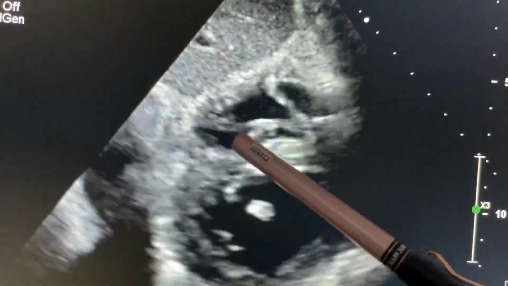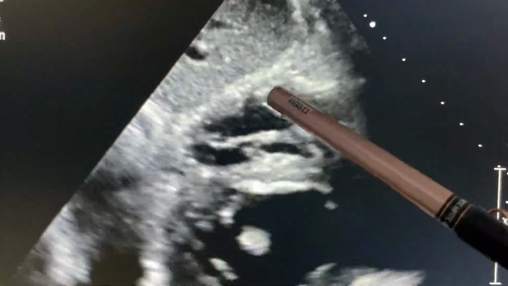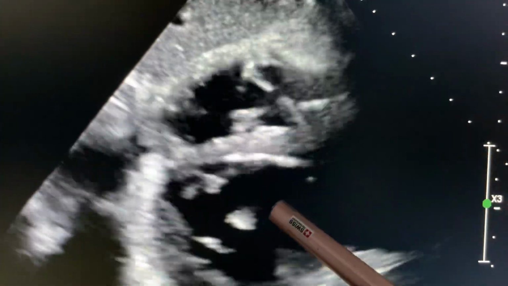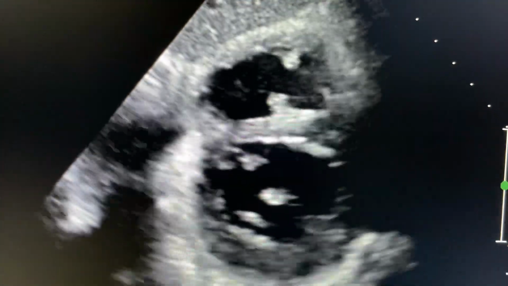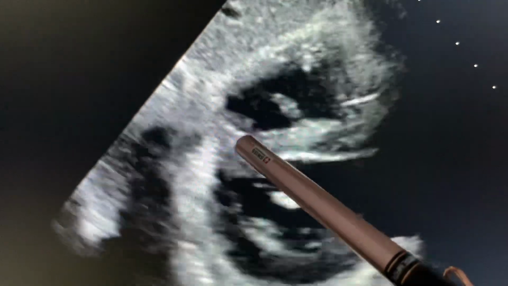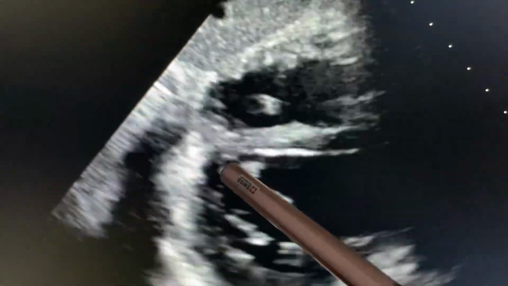This portion has a hypokinetic area. You can easily see this portion is hypokinetic. This is the right ventricle and this is the left ventricle, and this portion is hypokinetic, and this portion is also hypokinetic of the left ventricle.